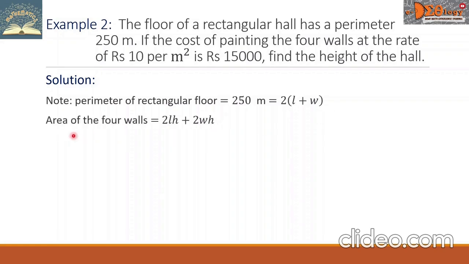Now, the area of the 4 walls. The formula is 2 times LH plus 2 times WH. Take note that we can rewrite this formula just like this, and that is 2 times the quantity L plus W times H. Now, this 2 times L plus W quantity is the same as our perimeter.